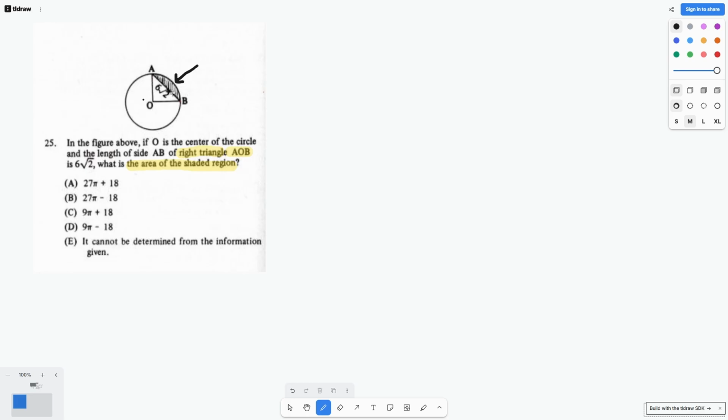Now, going back to the shape of this shaded region, it looks very strange, doesn't it? But we'll have an easier time if we just break this up into shapes that we already know how to find the areas of, or shapes that we're more familiar with, at least.